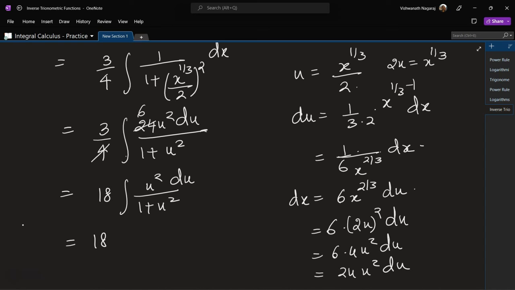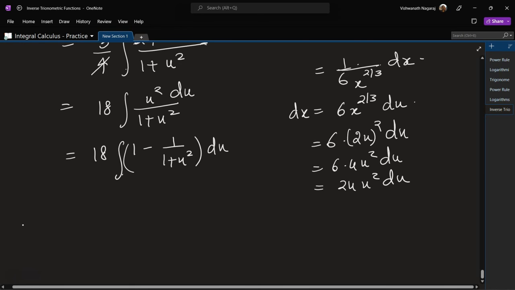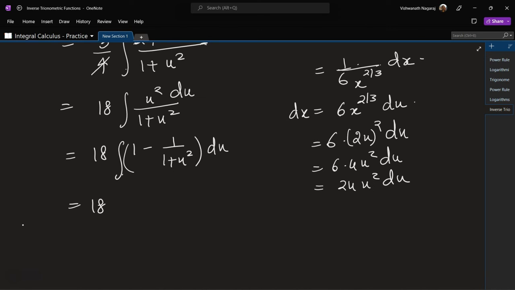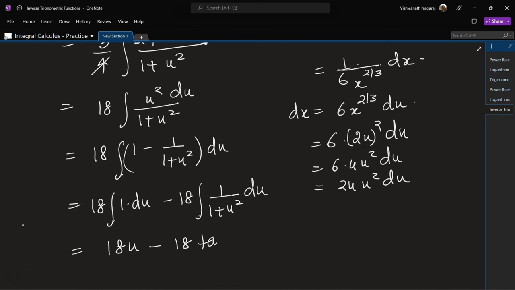We get 18 times integral of 1 minus 1 by 1 plus u square, and we can integrate it term by term. So 18 integral of 1 du minus 18 times integral of 1 by 1 plus u square du, which gives us 18u minus 18 tan inverse of u.